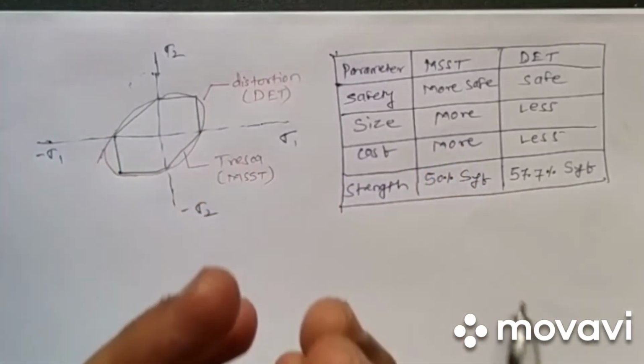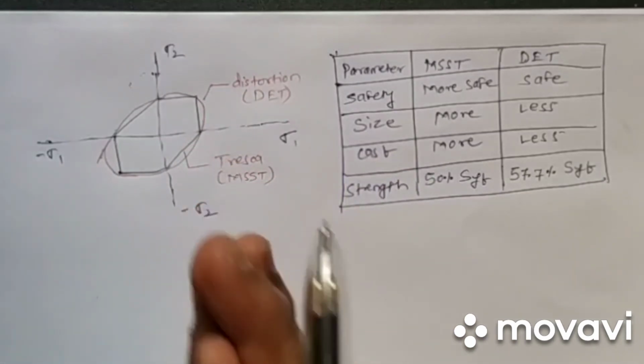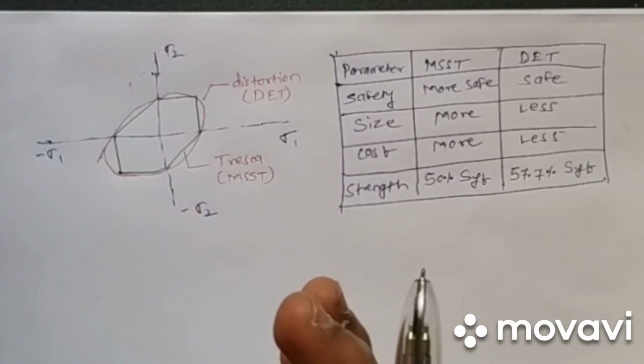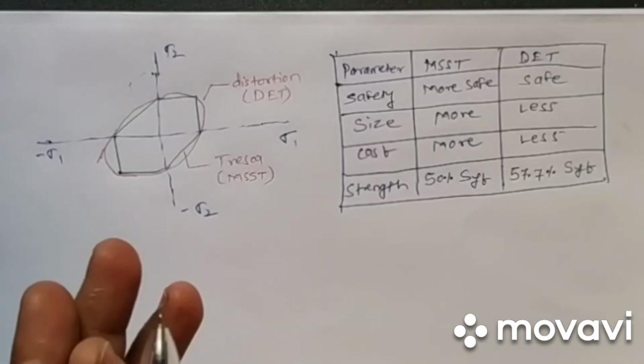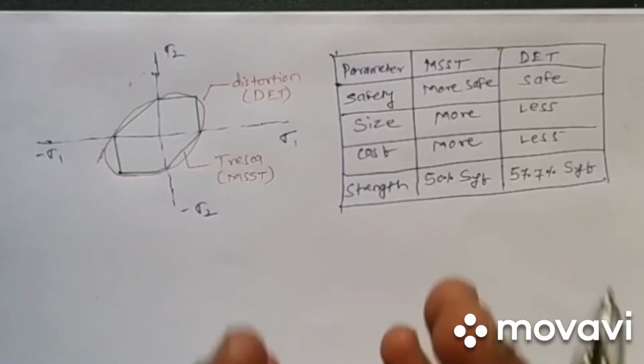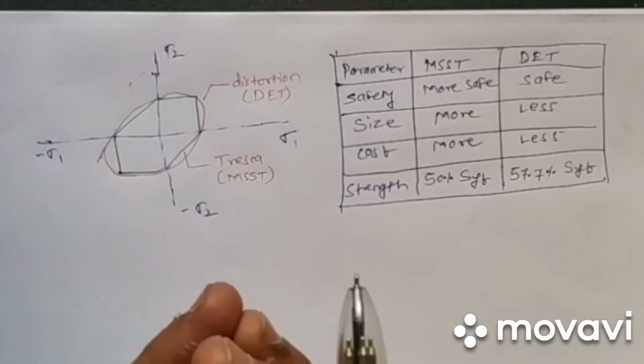I have emphasized these concepts. I hope you understood them, and in order to understand this topic, do watch the previous lectures on principal stress and Mohr circle, so that it will be easier to understand these concepts.